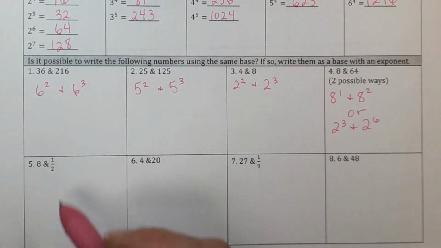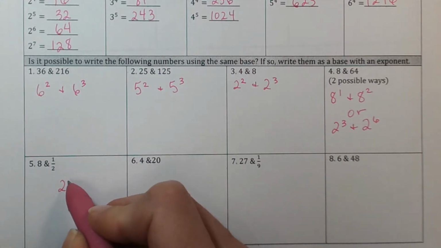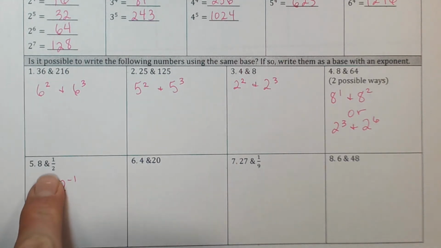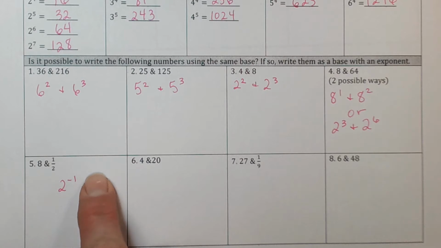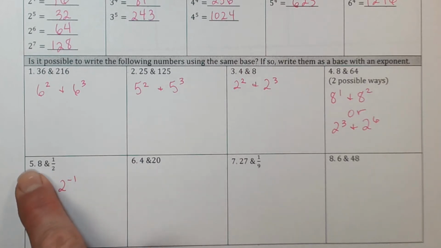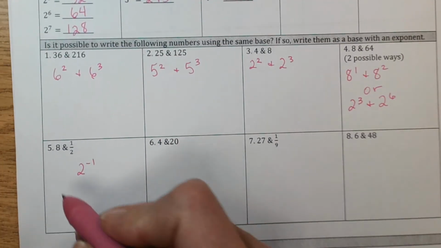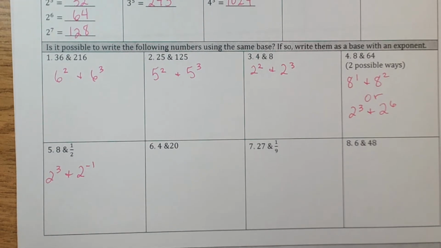So this helps me think that this 1/2 could also be written as 2 to the negative 1, right? Because this is 2 to the 1 in the denominator. So if I bring it up and give it a base 2, it would be a negative 1. And then I think, okay, well, is 8 a power of 2? And again, we do know 8 is a power of 2. So this would be 2 to the third and 2 to the negative 1.